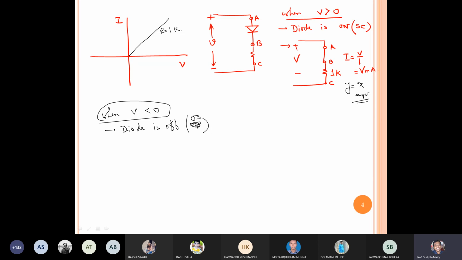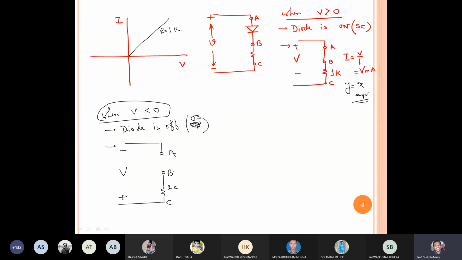In this case, the equivalent circuit will be the 1K resistor, with A point, B point, and C point, for V less than 0. Then the circuit terminology will be just opposite, so you have to change it. Plus will become minus and minus will become plus. So it will be in the off condition.